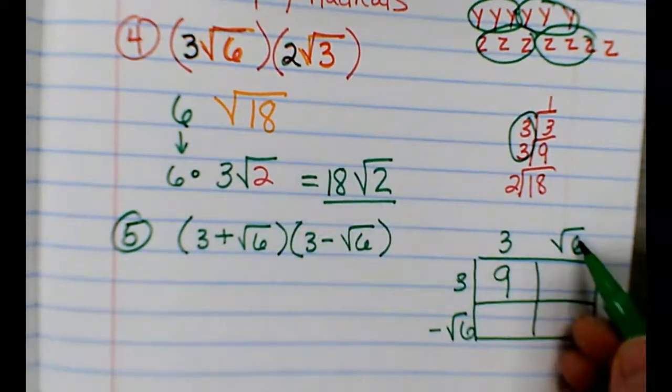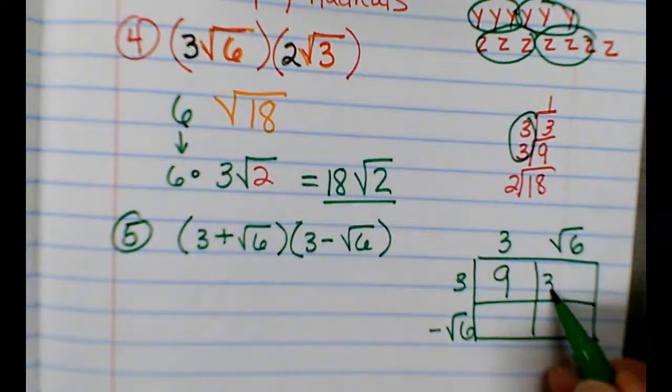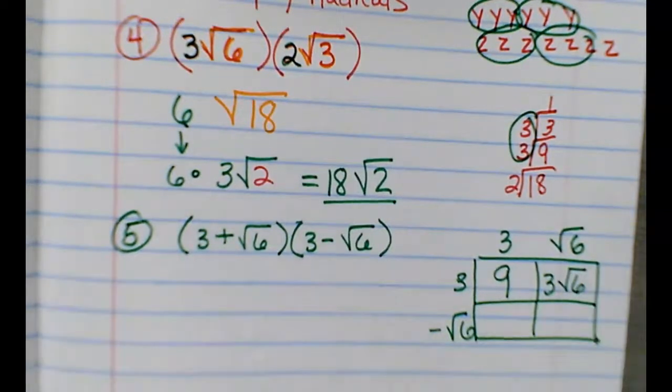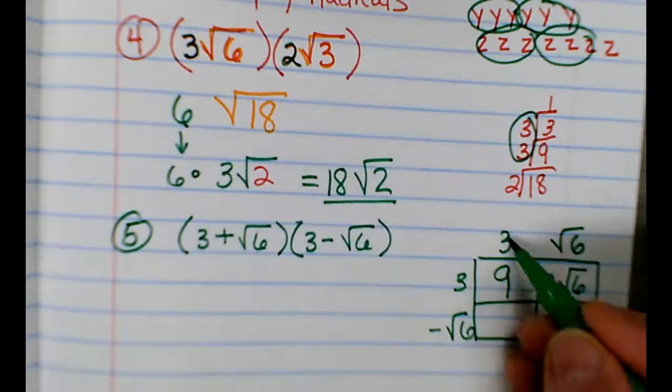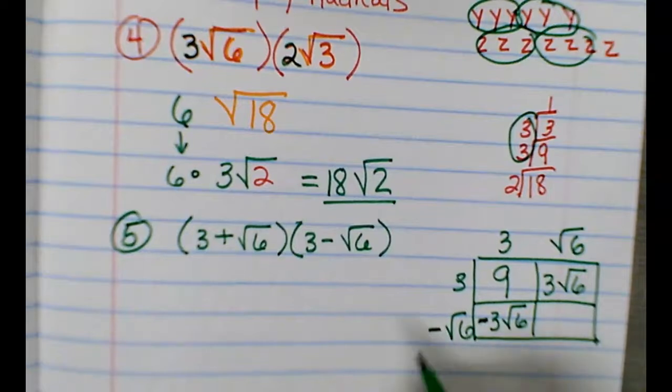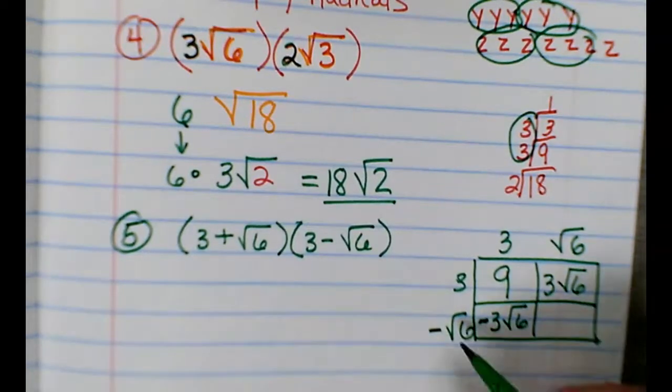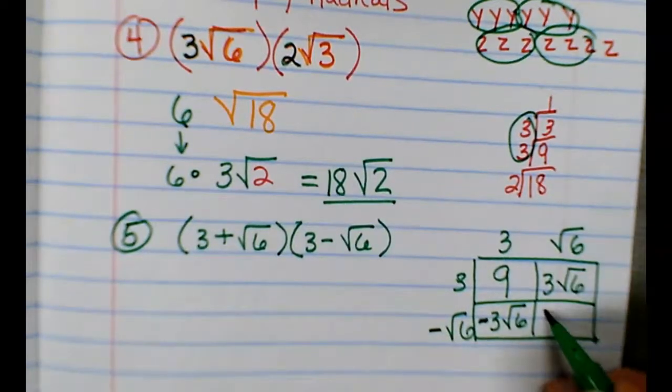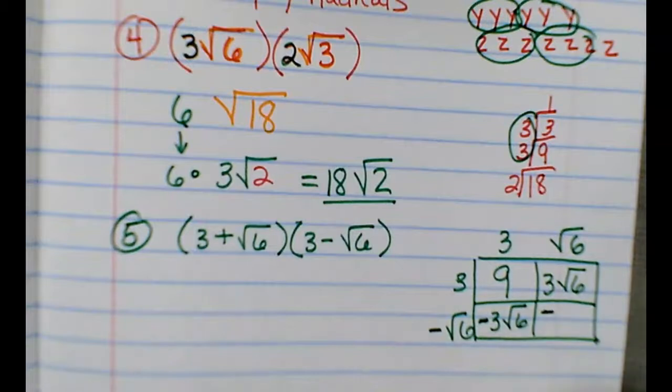What's 3 times that? Well, that's what it is, 3 times that. What's 3 times that? And the negative sign because that one's negative. Negative times a negative makes a negative.